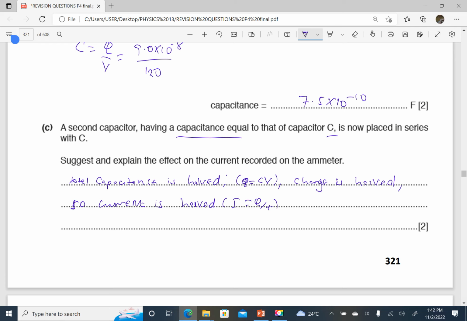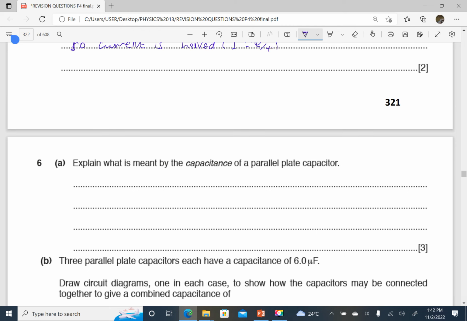Lastly, on the last question, explain what is meant by the capacitance of a parallel plate capacitor. We now know that this is the ratio of the charge on one plate to the potential difference, the PD, between the two plates.